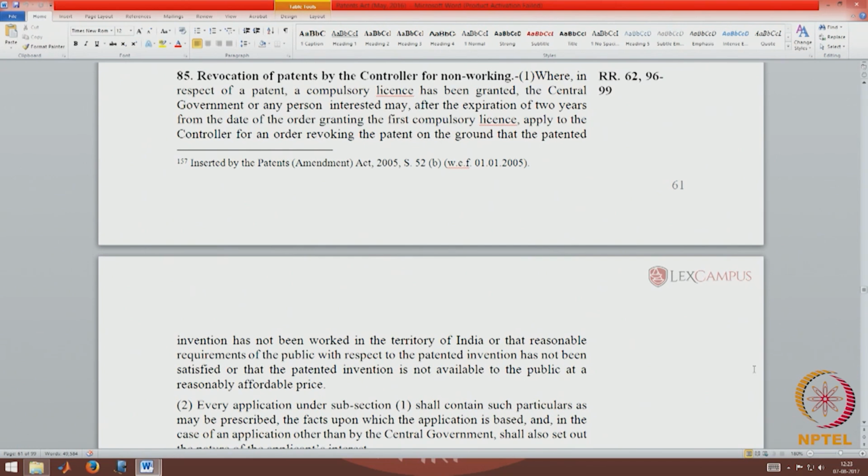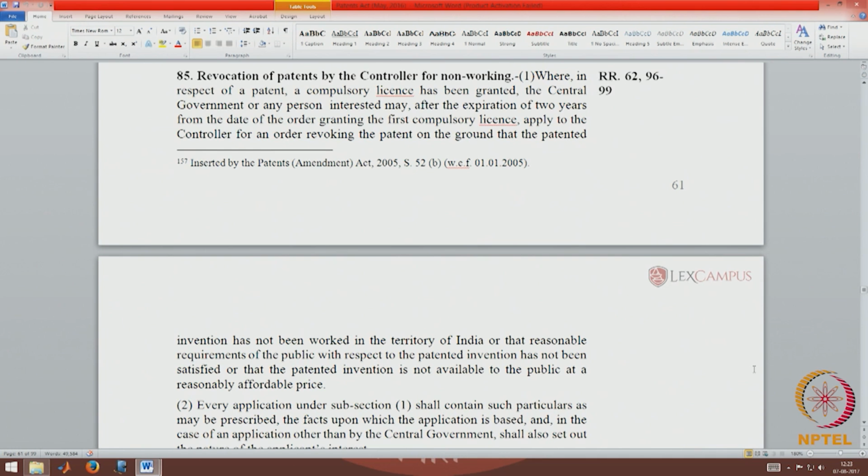Though 85 is titled as non-working, it also incorporates other grounds. We saw that in 84 there could be 3 grounds: one, reasonable requirements of the public have not been met; two, the patented invention is not available at an affordable price; and three, non-working. Though the title of 85 says that it pertains to non-working, it also applies to the 2 other conditions.